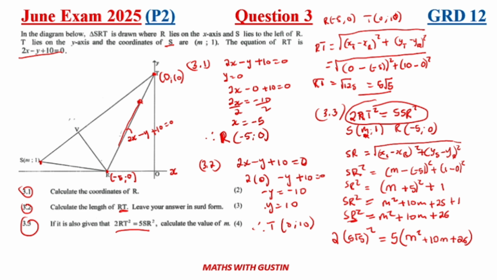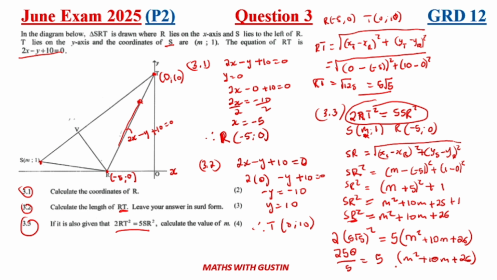To simplify on this side, when I check with my calculator, 250 divided by 5 is equal to... let me rather not multiply throughout with the 5. I'm going to leave the 5 here, all squared plus 10M plus 26.